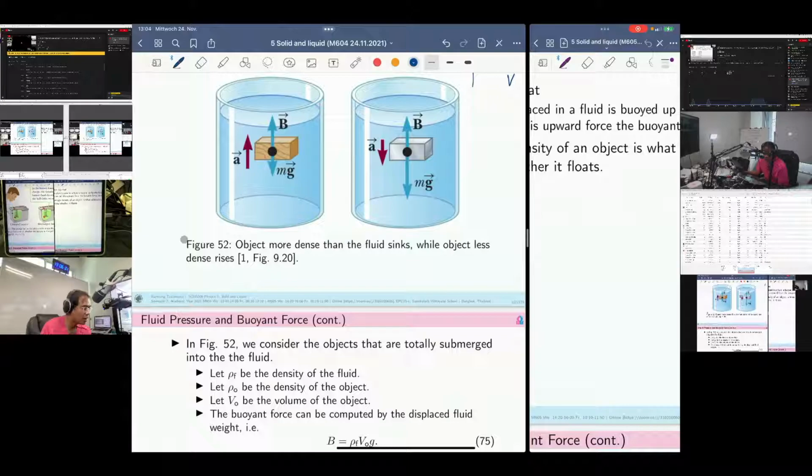And the weight of the exceeding fluid is exactly the force that tries to lift this object up, and that force is called buoyant force, okay?